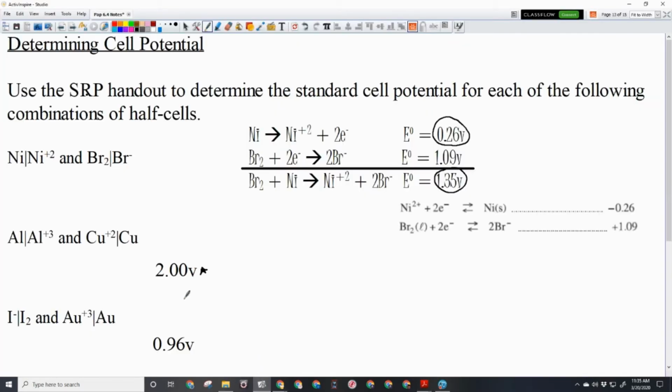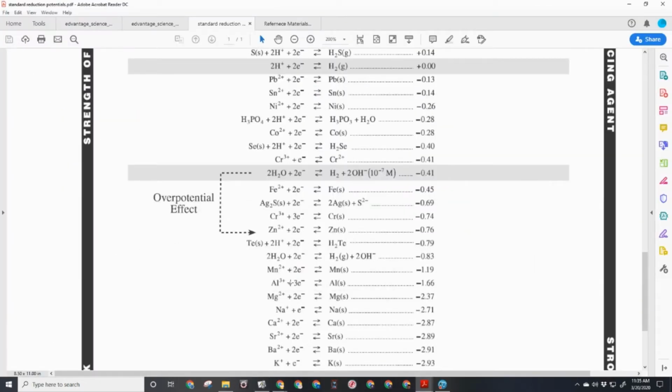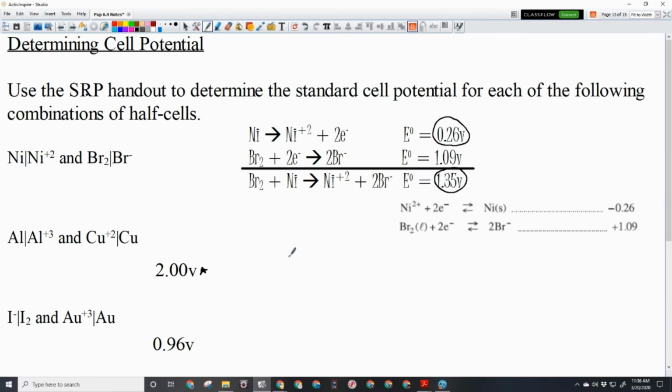What do we want? We want aluminum going to aluminum +3. So it's going from right to left in this direction, so this is a negative 1.66. We want the positive 1.66.